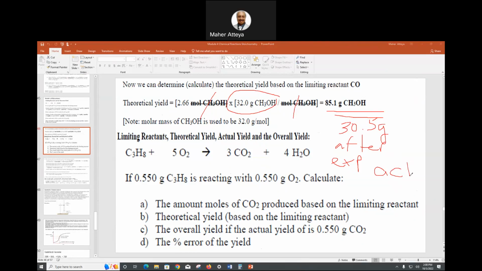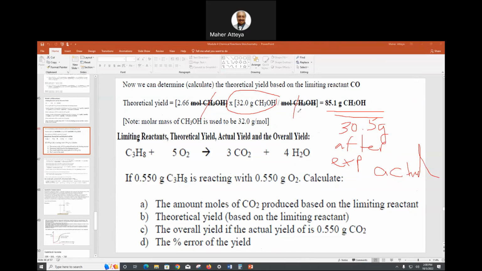I call it actual or experimental. Now, the overall yield will be actual over the theoretical multiplied by 100. Actual is less, divided by the larger number, which is the theoretical value, multiplied by 100.